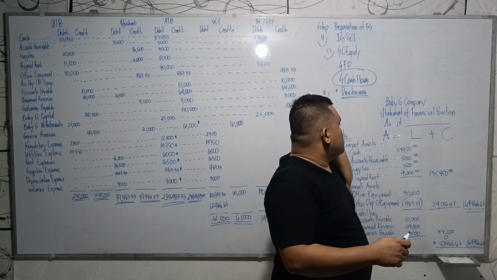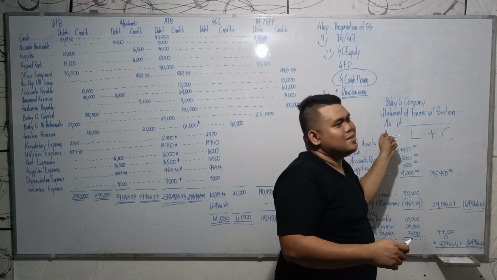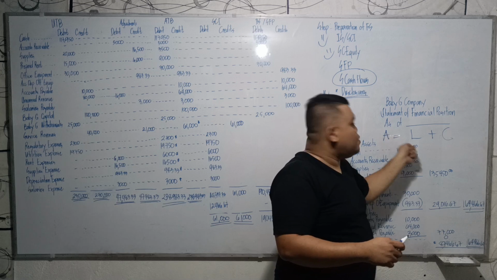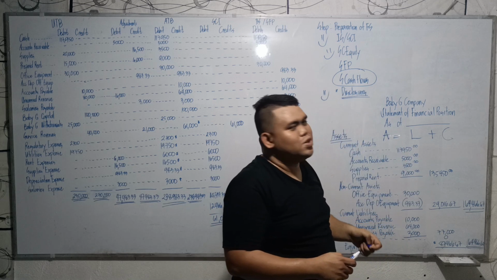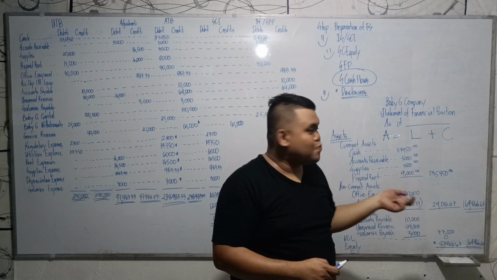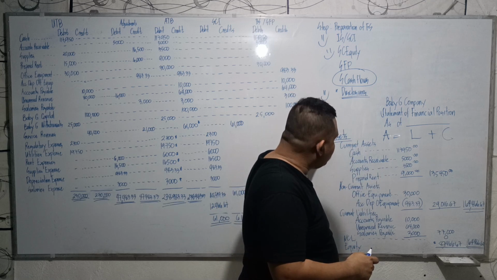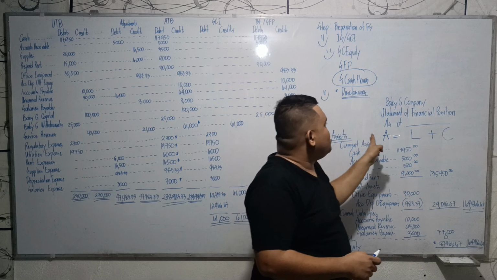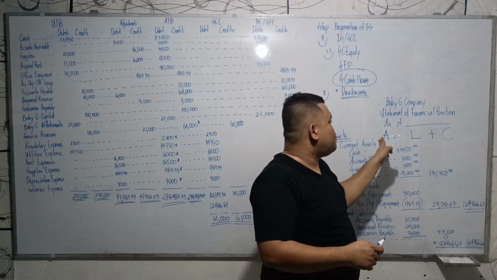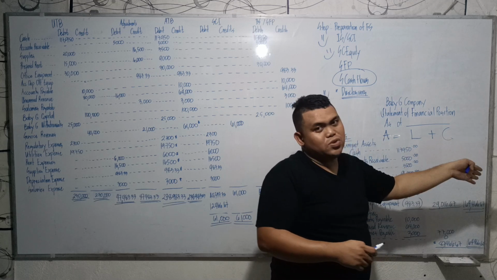Okay, the horizontal format of statement of financial position is what we call as the account format. Okay, so again, the report format is vertical in nature, and the account format is horizontal in nature.